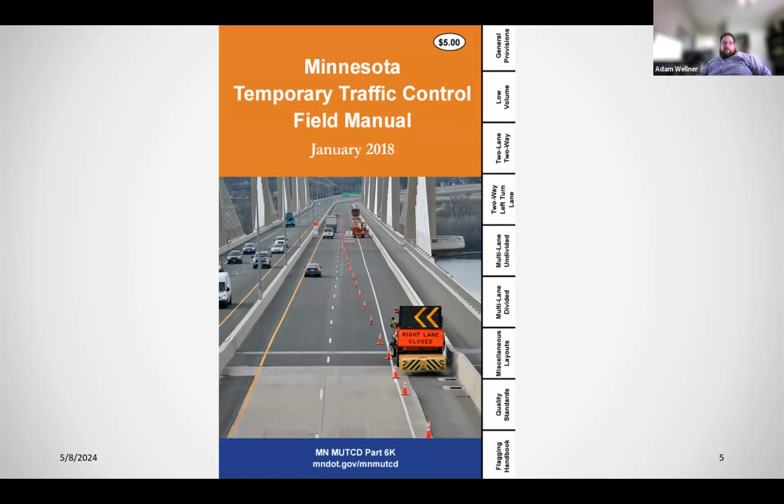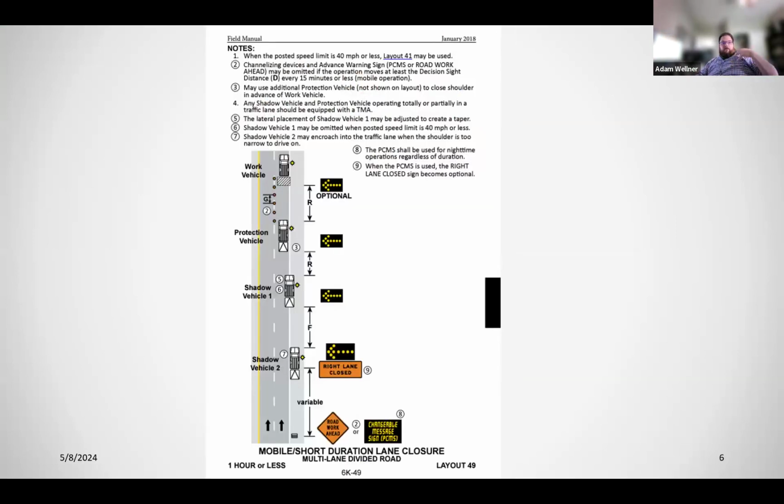And here's an example of how we would use this in practice for anyone who isn't real familiar with this. When we are doing a lot of our shorter duration maintenance work, patching potholes or guardrail fixes, instead of taking the hazard of having to set cones and place a longer term static closure with an aero board, we will actually use trucks to establish that closure.